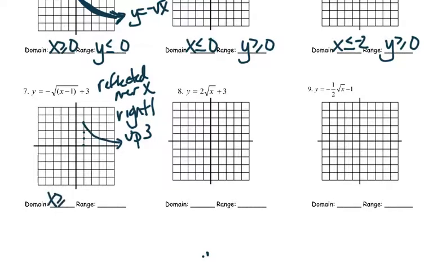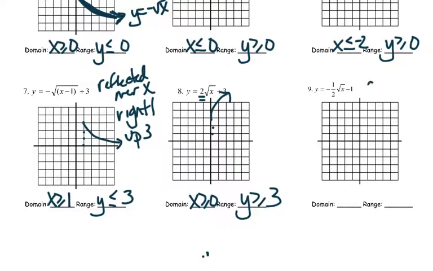So all the x values are bigger than or equal to 1, all the y values are less than or equal to 3. Just like we've had before, the 2 is going to make the arc a little steeper. So this one's going to go up 3 and just be a bit steeper there. So this is greater than or equal to 0, greater than or equal to 3.